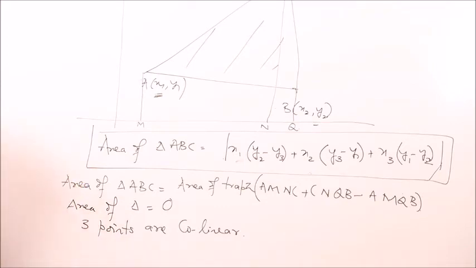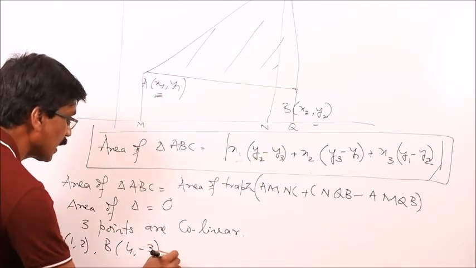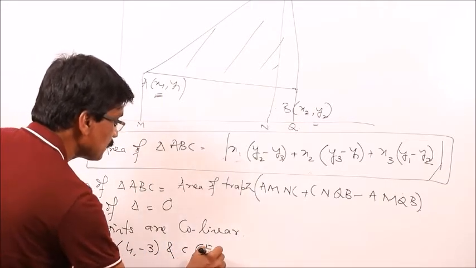Let us take one example. Suppose A has coordinate 1, 2, B 4, minus 3 and C 5, 0.